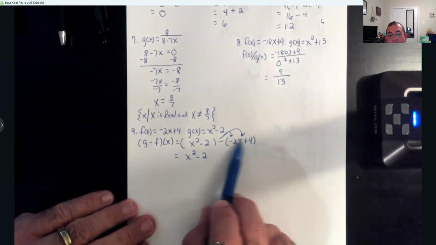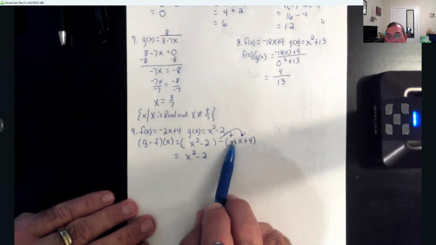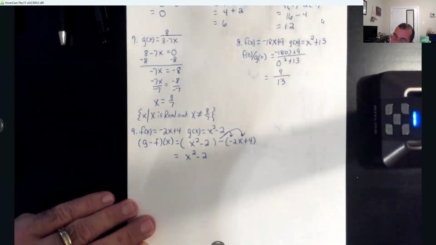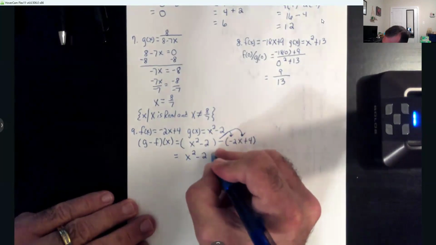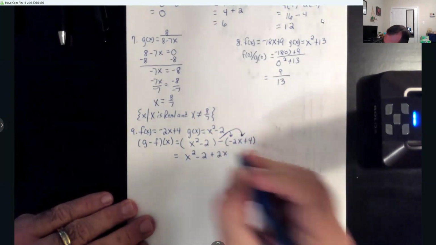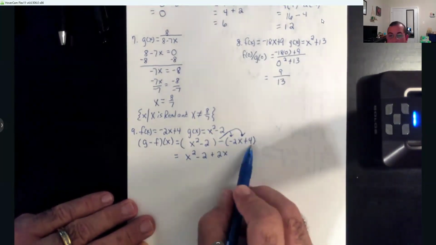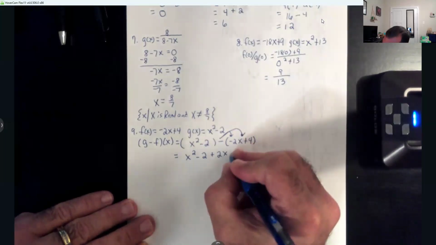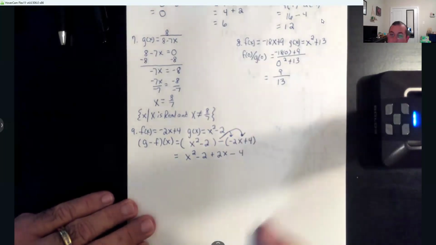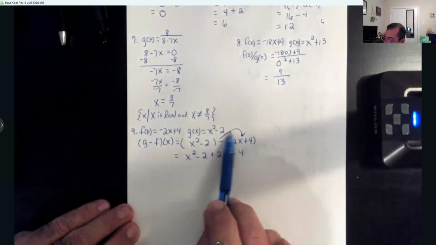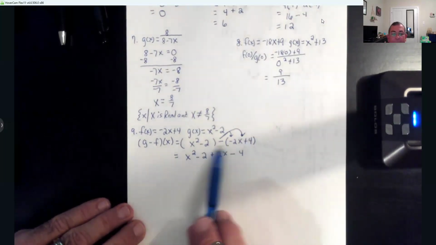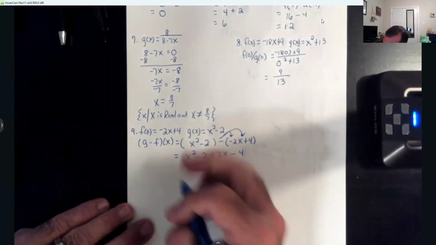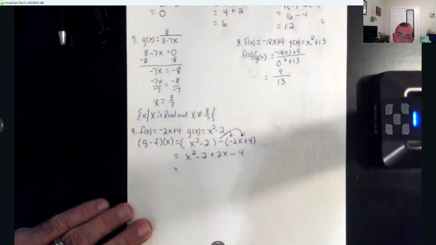But y'all, what are we going to get here? We got a minus negative 2x. That's going to make that a positive 2x. And then minus a positive 4. That's going to make that a minus 4. So distribute the negative. And at this point, you're going to add like terms. Now I'm just going to put mine in order.